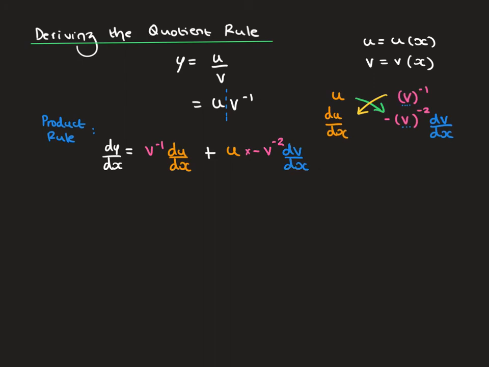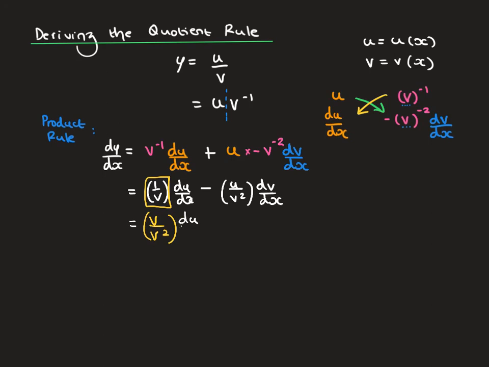Now this really needs some tidying up. So we've got 1 over v du by dx minus u over v squared dv by dx. Now I'm going to take the term on the left here and I'm going to rewrite this as v over v squared, which is of course an equivalent fraction.